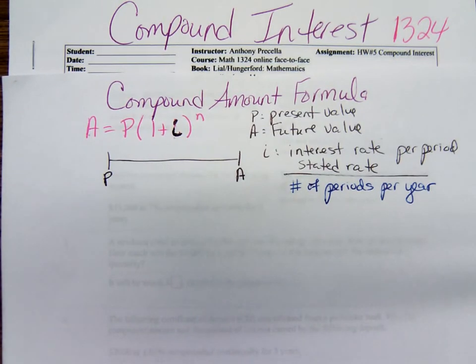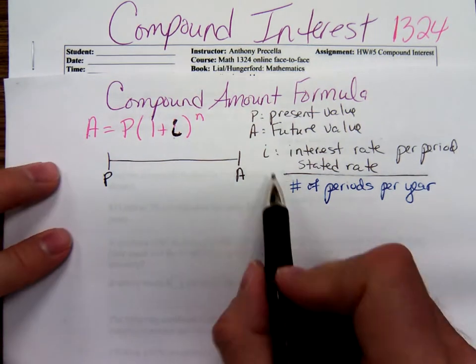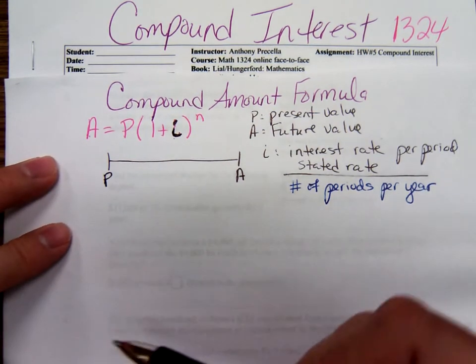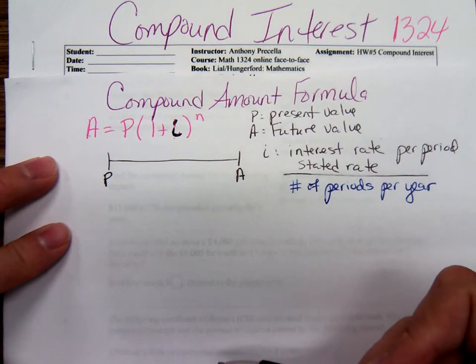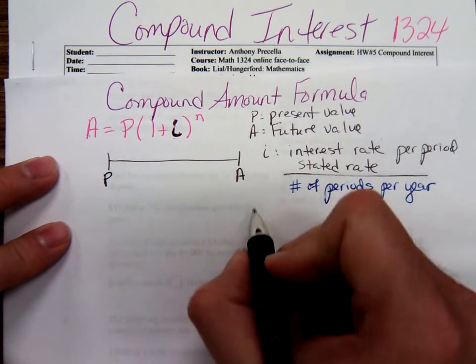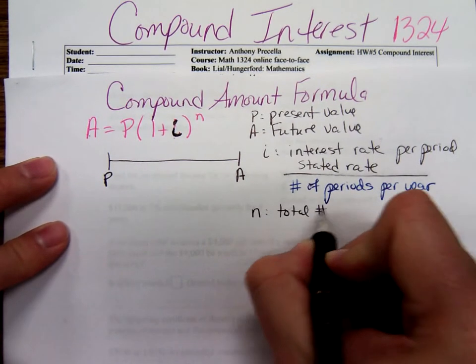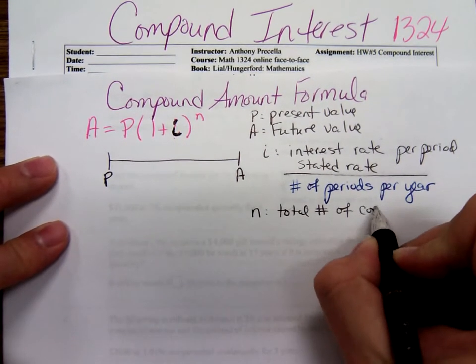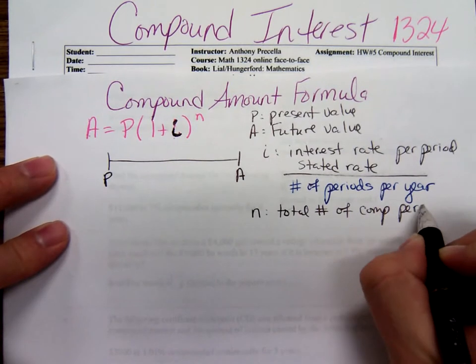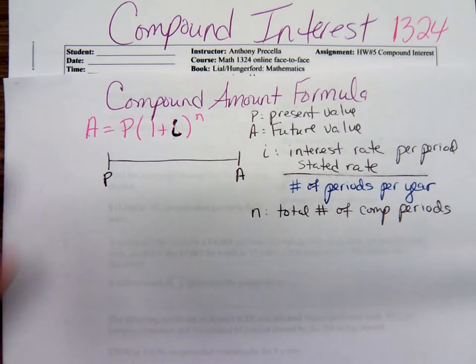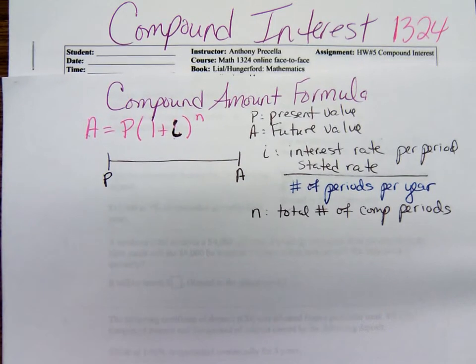Now, t in the simple interest was the time in years. n is the total number of compounding periods. Suppose interest is calculated monthly for 10 years. Well, how many times are they calculating that interest? Well, that would be 10 times 12.